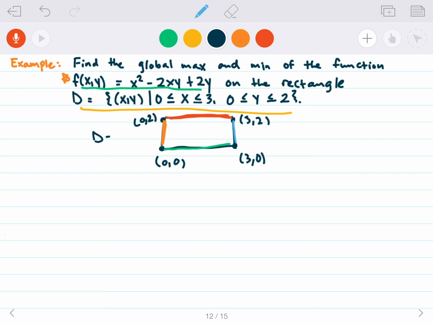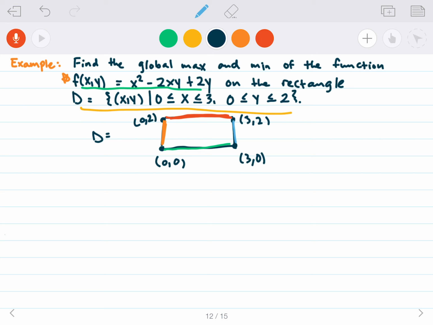This is D. And so what we need to do, just like in Calc 1, what did we do with Calc 1? Well, we were trying to find the absolute max or min. We found the critical points. We plugged those critical points into the function, got values for that. Then we compared those values to when we plug the endpoints into the function.